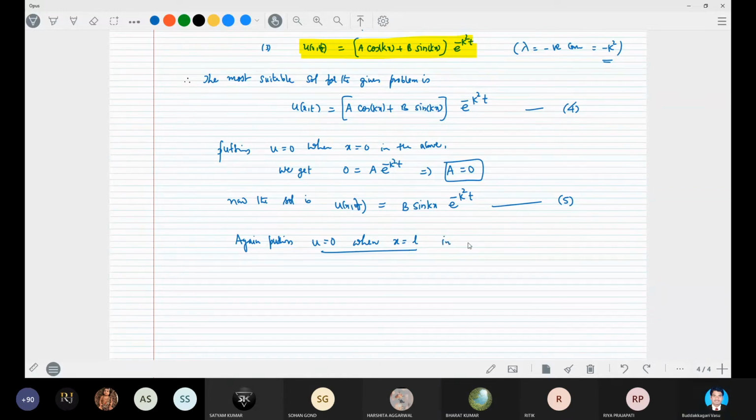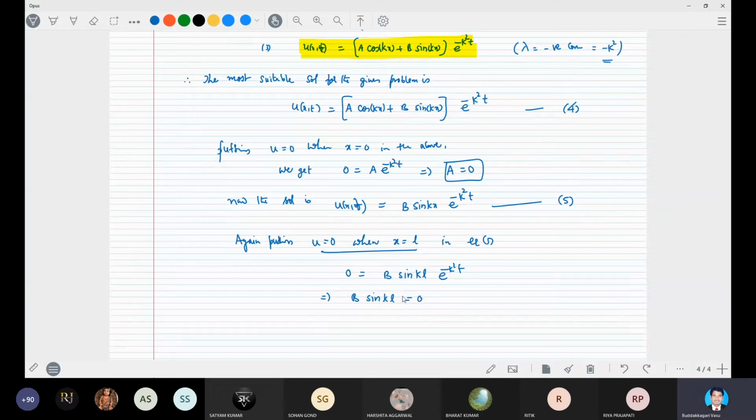In equation 5 we get 0 is equal to b into sin kL into e power minus k square t. Because e power minus k square t is not equal to 0, b into sin kL is equal to 0.